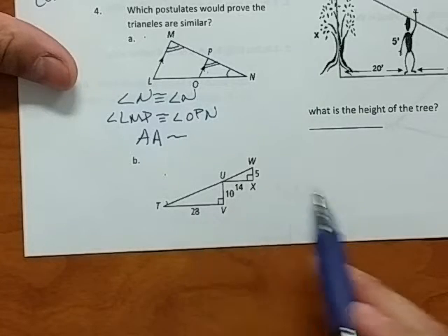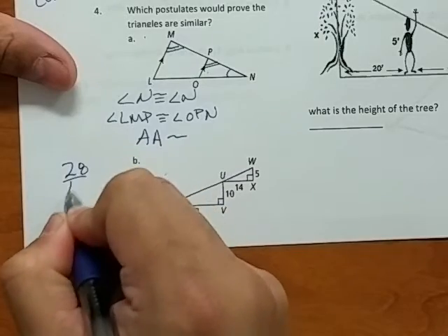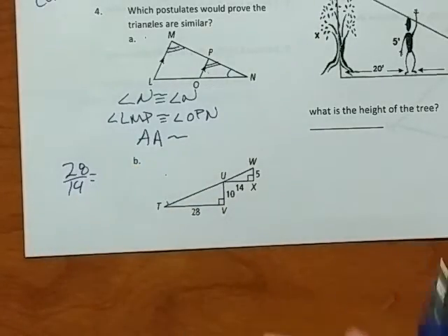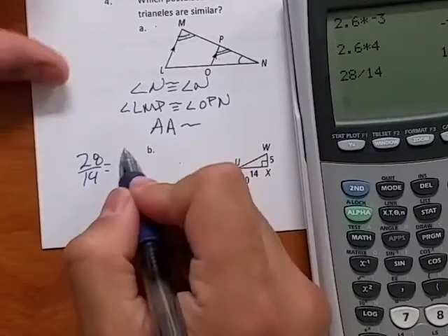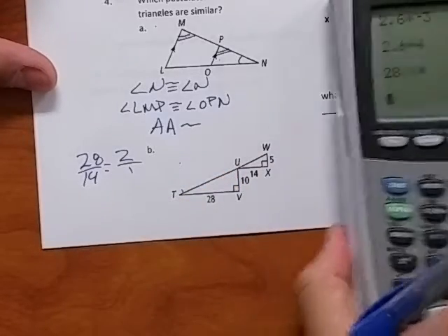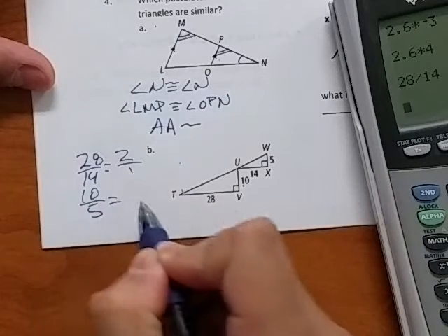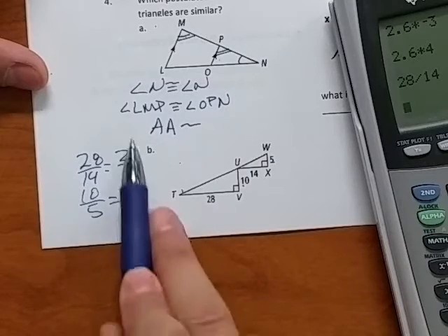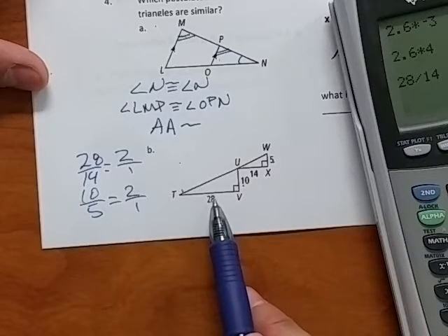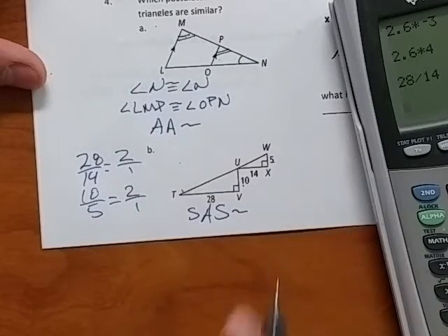Let's go 28 over 14, which gives me 2 over 1. Now let's check the other one. So 10 over 5, which gives me 2 over 1 also. So now since they have a common ratio, the scale factor here, it's going to be by side, angle, side similarity.